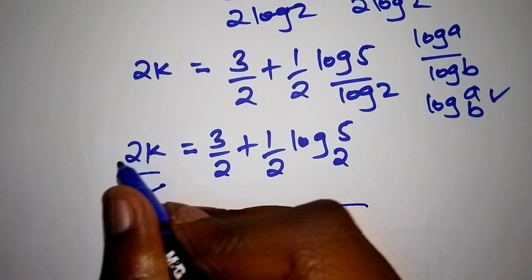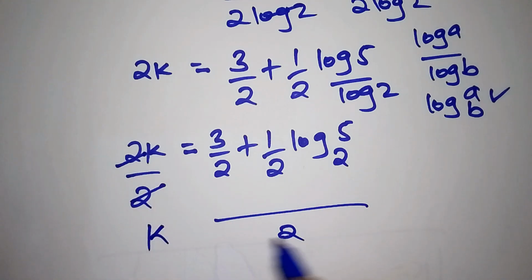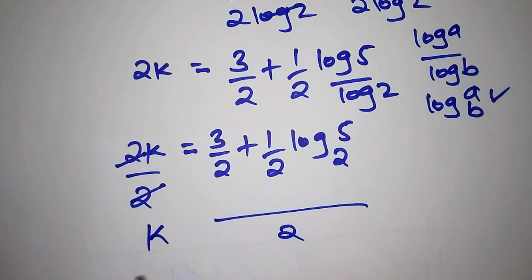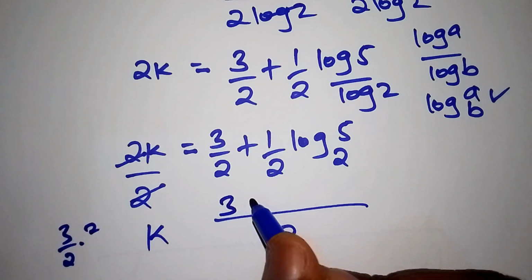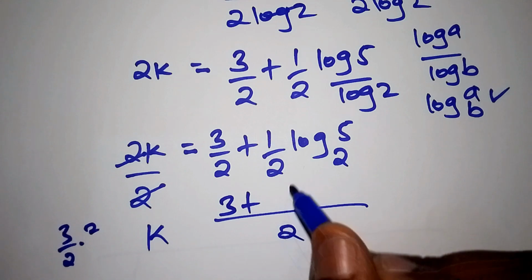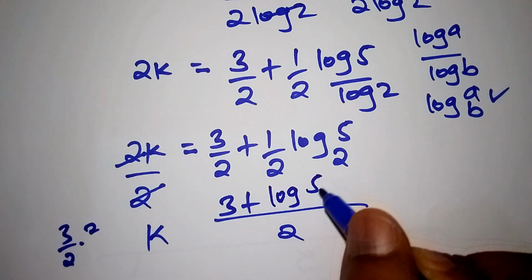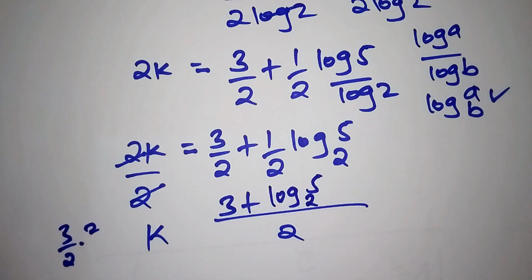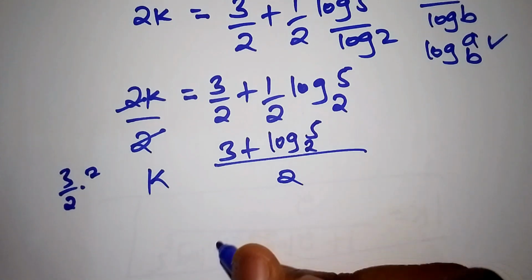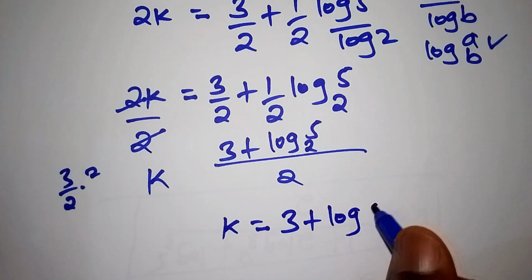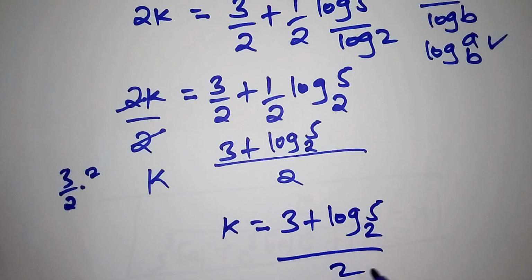So 2 by 2 cancels, so now k is equal to, we remain with 3 over 2 multiplied by 2, so 3, and then the log of 5 to the base of 2. So finally our value for k is equal to 3 plus the log of 5 to the base of 2, all over 2.